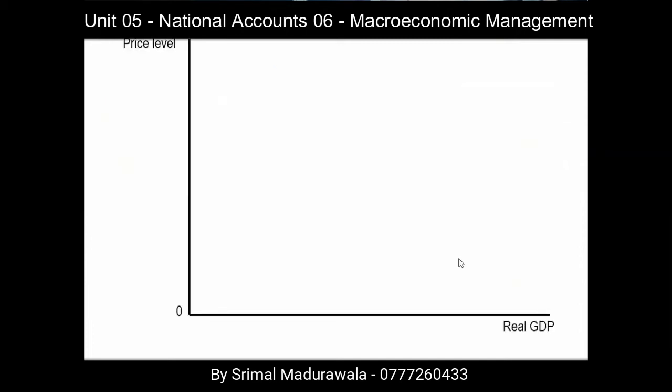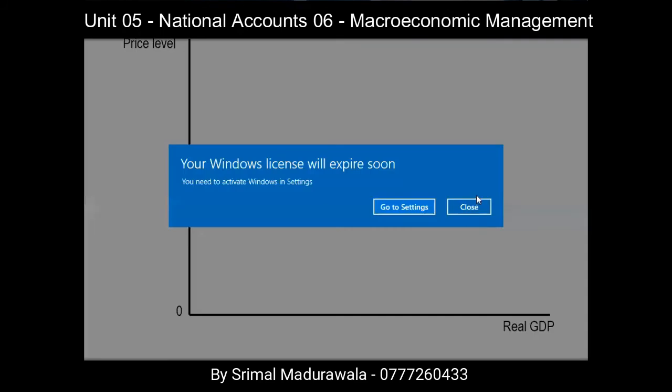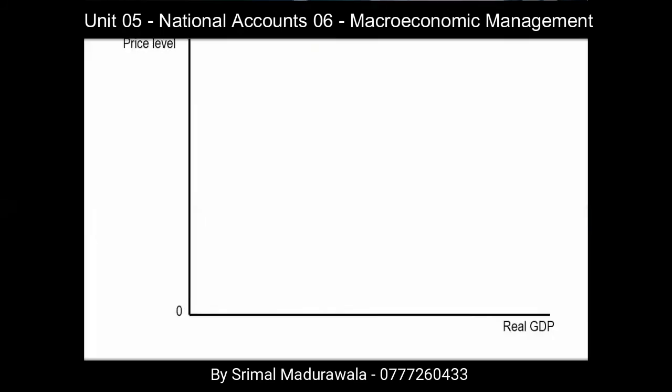If you take aggregate demand, it is downward sloping. Aggregate demand is the total amount of goods and services that the country wants to buy, right? At higher price levels, you find the demand is low. At low price levels, you find the demand is high. So it has a negative relationship to the price levels. As a result, you find the aggregate demand is downward sloping.